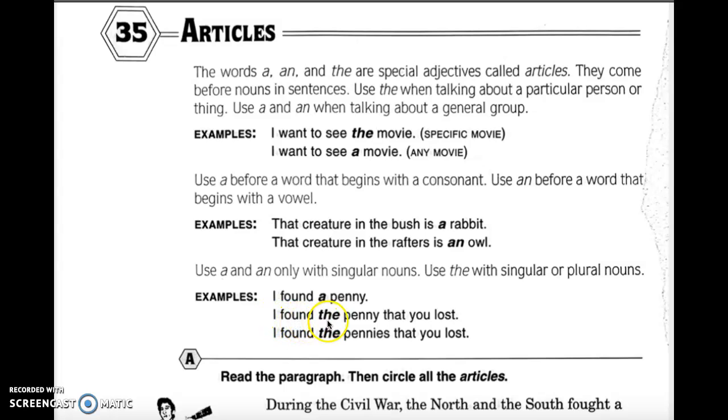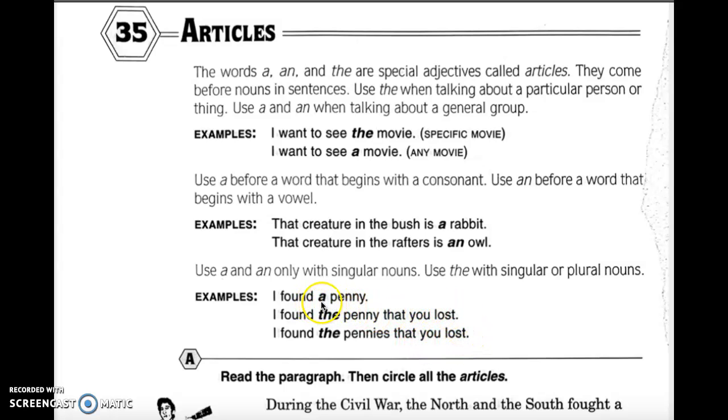I found the penny that you lost. Notice in this case that you can say the word the in front of penny. It makes sense. I found the pennies that you lost. But again, in this case, we're using the and we're talking about specific pennies, ones that you lost.